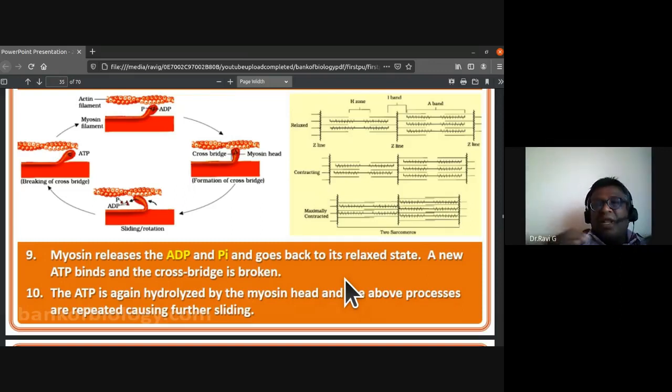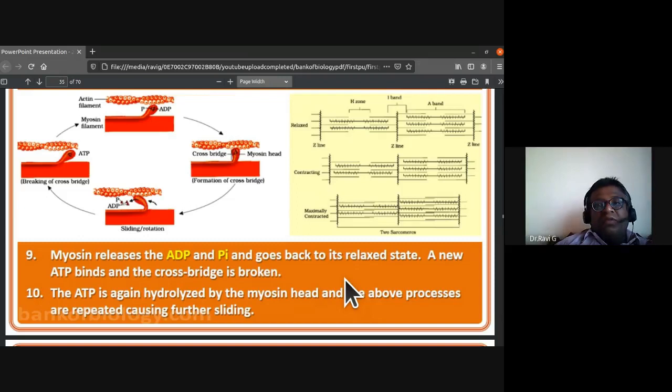So whenever there is contraction, and when you understood the structure of actin, you know that they have two F filamentous actins. The F actins are helically coiled, and along with them, two helically coiled tropomyosins are there, and at regular intervals they have three subunits of troponin present.